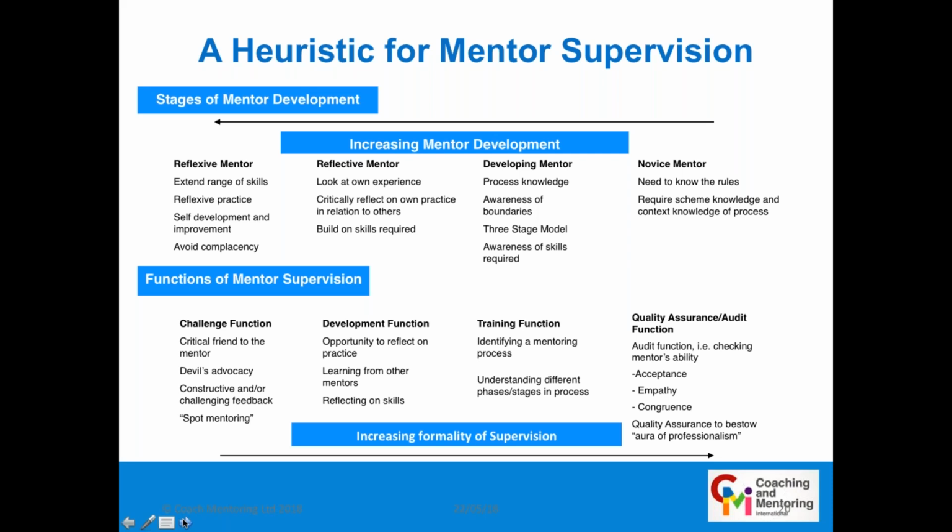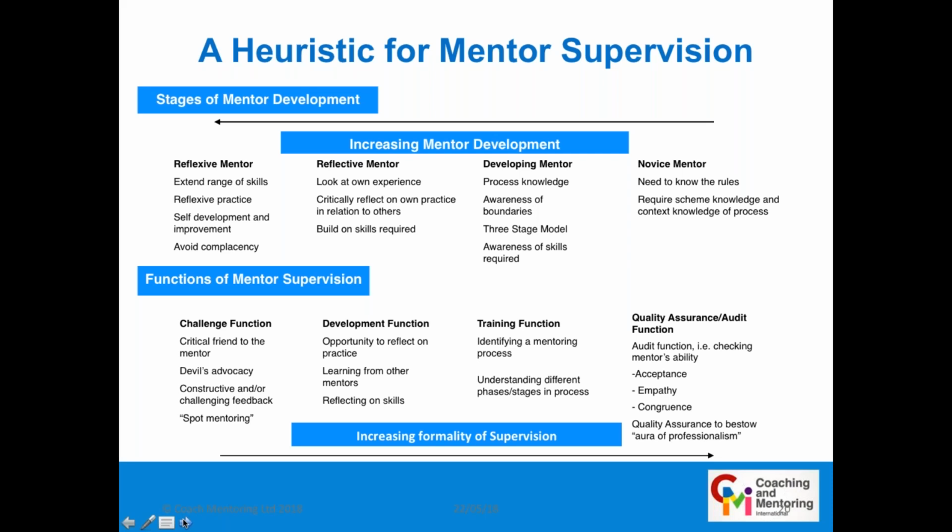And then as they become more of a reflexive mentor, it's how you develop that challenge function, so that the mentors have more of a critical challenge function to their mentoring, and they perhaps get some spot or situational mentoring on certain situations.